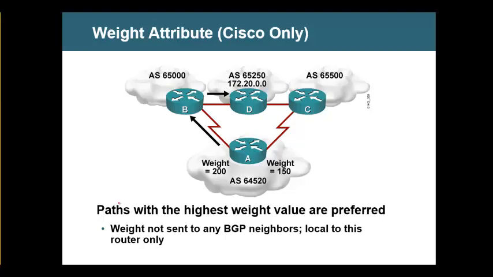Weight is 100 with neighbor B, 150 with neighbor C. Higher is preferred. That's the similarity with local preference. Highest weight is preferred, and highest local preference is preferred.